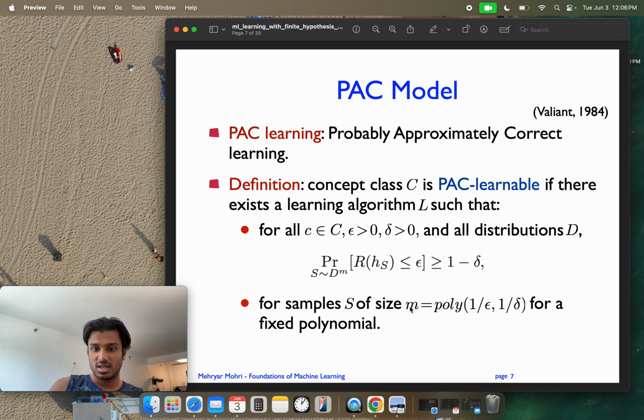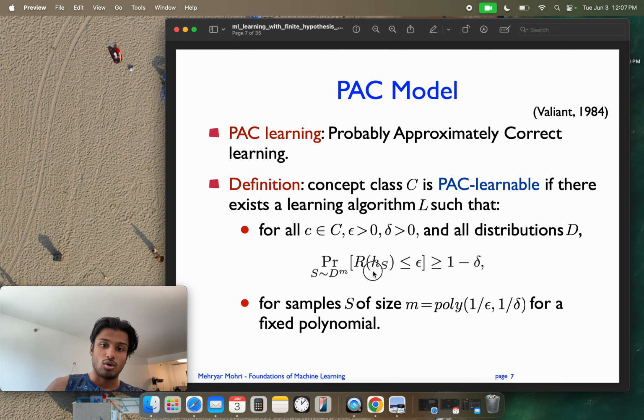So this essentially is saying that the sample size is polynomial in these two parameters that as a user we define. Let's say epsilon is 5% and delta is 1%, whatever. So it has to be polynomial in these two things. And if my sample size was polynomial, then if you give me any concept in that concept class, I will be able to return a hypothesis which has a small error with high probability.